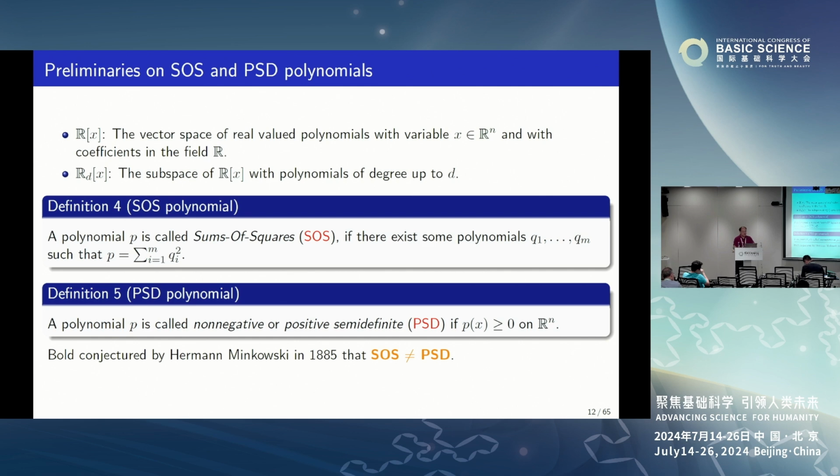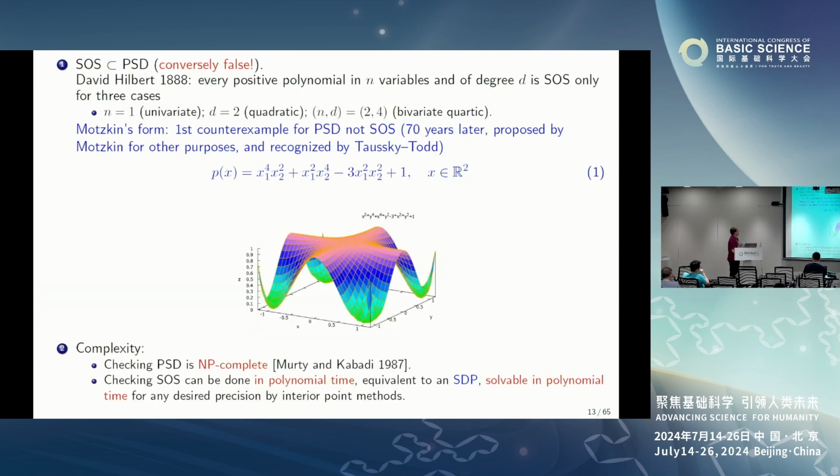So as I said, Minkowski posed the question of the equivalence of the two sets, and the answer was provided by Hilbert. That answer is false. We just have one direct inclusion. A sum of squares is of course non-negative, but reversely it's not true. And Hilbert proved that there are only 3 cases in which we have equivalence.